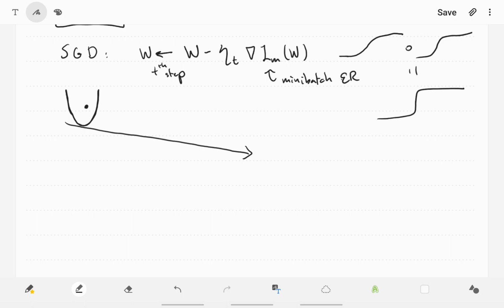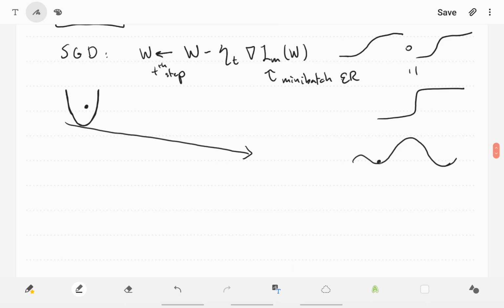And this is especially true because SGD does produce noisy gradients. And this noise in non-convex optimization settings actually can be an asset because this noise can, in a sense, allow you to jump out of local minima. Right?